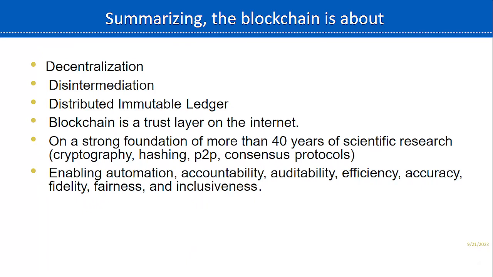Every node that participates in this chain of blocks has equal mandate. So in summary, the blockchain is all about decentralization. That is very key. It's all about disintermediation, right? Removal of intermediaries. It's about a distributed immutable ledger. What we refer to as an immutable ledger is a ledger that cannot be altered or changed easily, right?